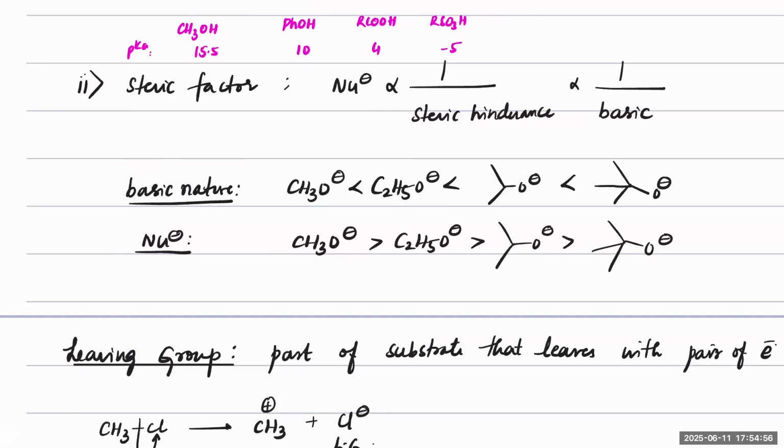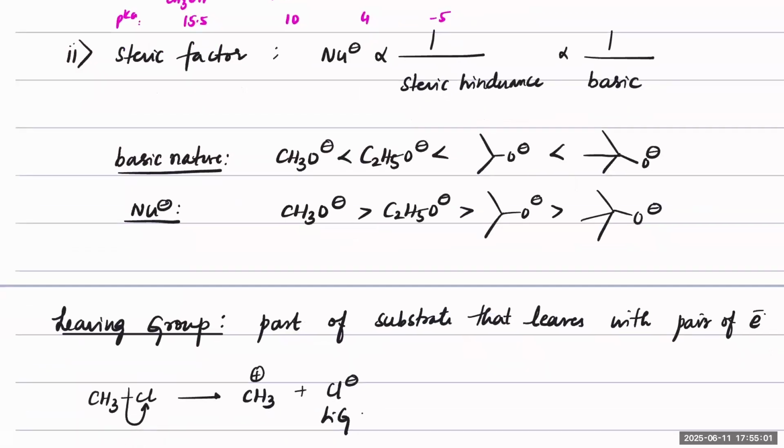Done, beta. Next, steric factors. See, nucleophilicity will always be inversely proportional to steric factor, and that makes it inversely proportional to basic character. Check out these cases. These are all alcohols, and they become alkoxide bases after removing H plus.